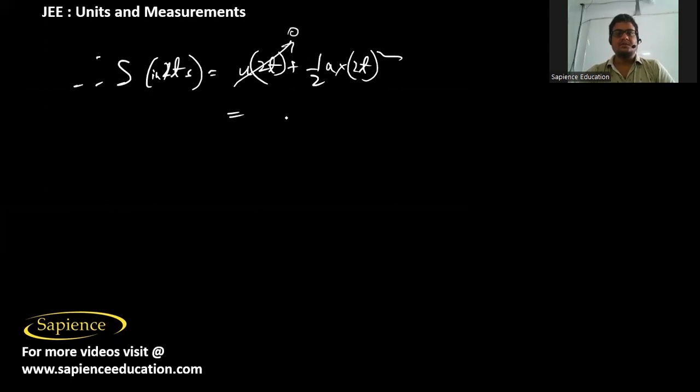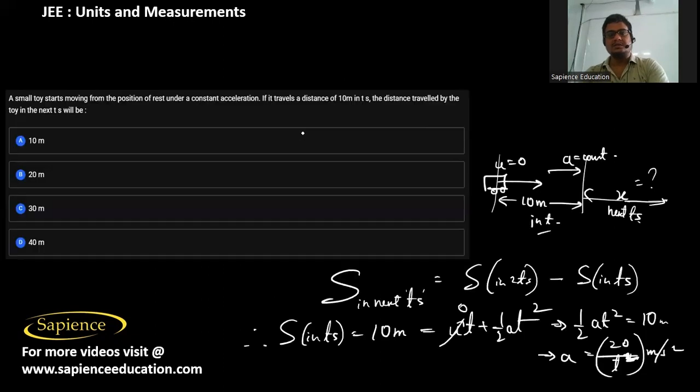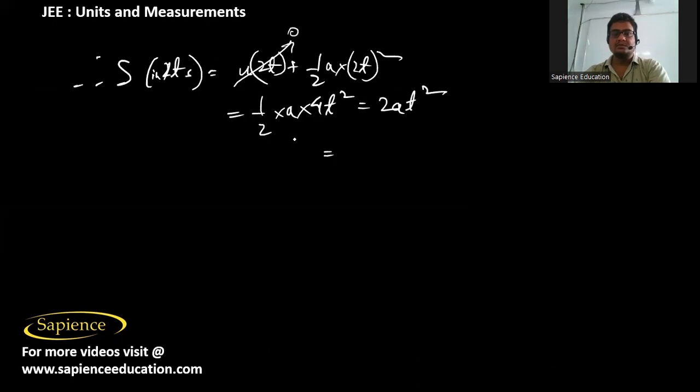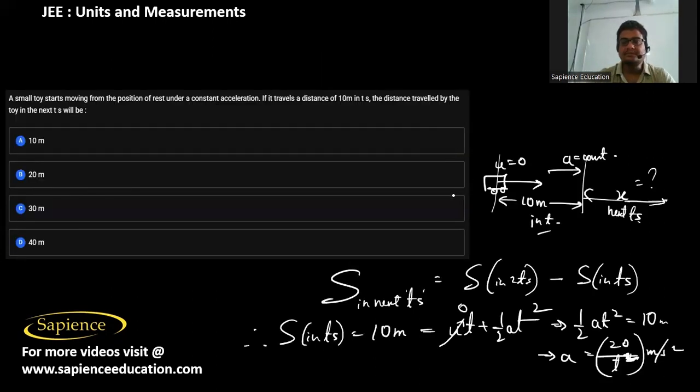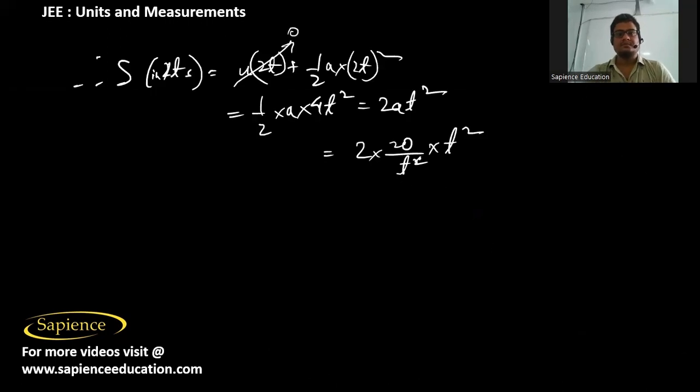This is 0, and this is half a into 4t square, which will be equal to 2a t square. Now the displacement in 2t seconds will be equal to 2 into a, which is 20 by t square, into t square. This will cancel, so this is 40 meter.